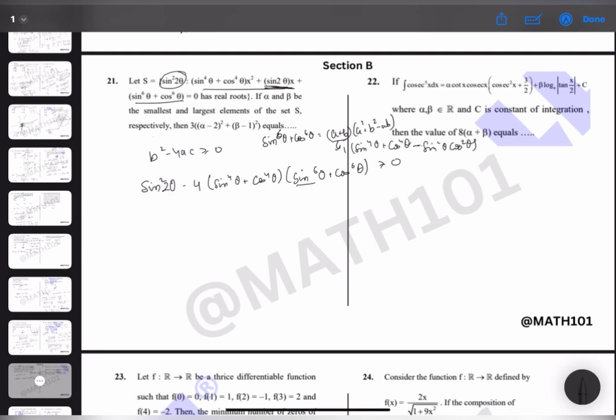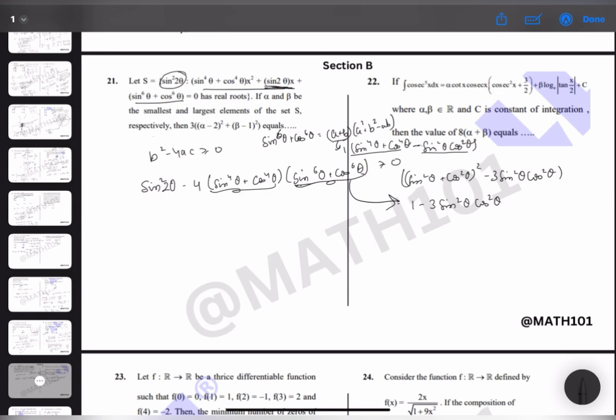Now sine to the power 4 theta plus cos to the power 4 theta can be written as sine square theta plus cos square theta squared minus 2 sin square theta cos square theta, and another minus sin square theta cos square theta gives us minus 3 sin square theta cos square theta. This is again 1, so this is equals to 1 minus 3 sin square theta cos square theta.